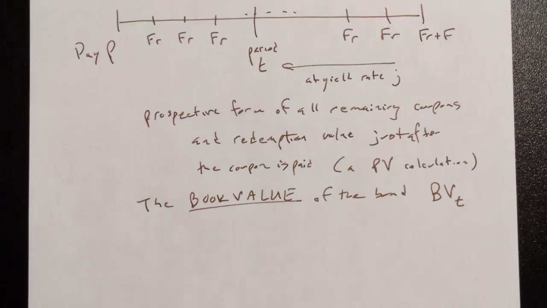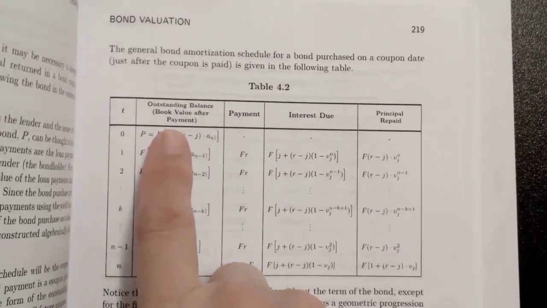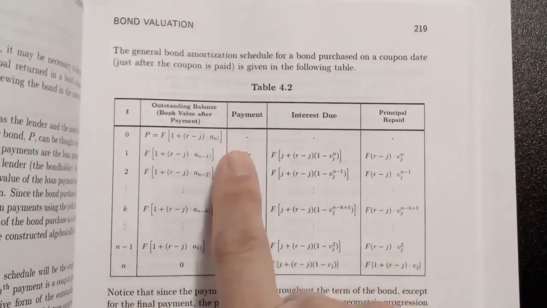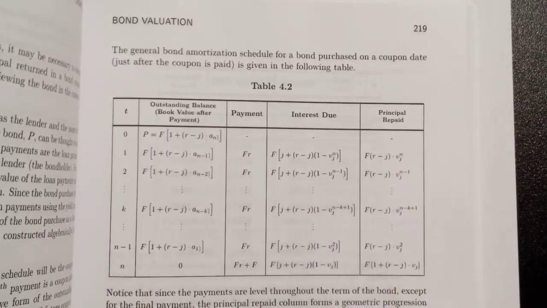Page 219 in the text. Our outstanding balance becomes the book value after the payment. We have a payment made, interest, and principal.